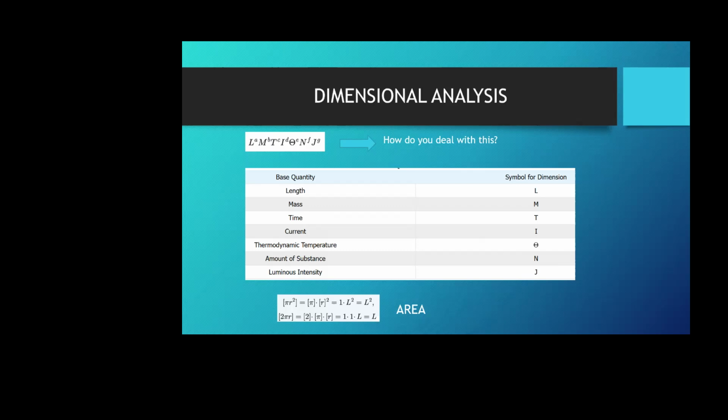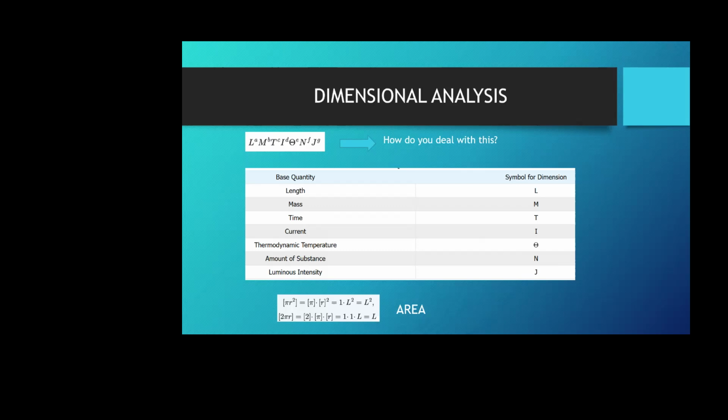This is the area, for example, area and length. Which one represents the area here, and which one represents a length? The first one, the upper one, pi R squared, is area. Why can we conclude that it's area? Because the dimensions give you L squared. Then obviously it's area.